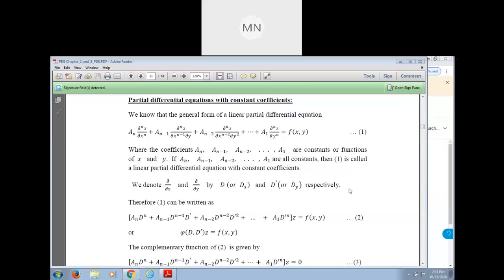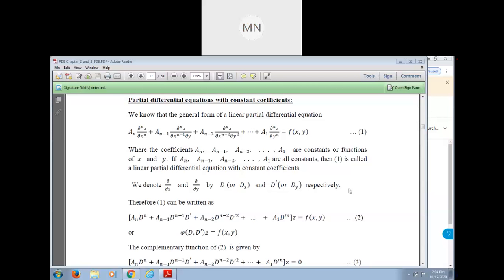Is it clear or not? Yes, ma'am. In the first order case, we have to include the first derivative, so we stop at p, q. But in the case of second order, we included what terms? P and q are also there.